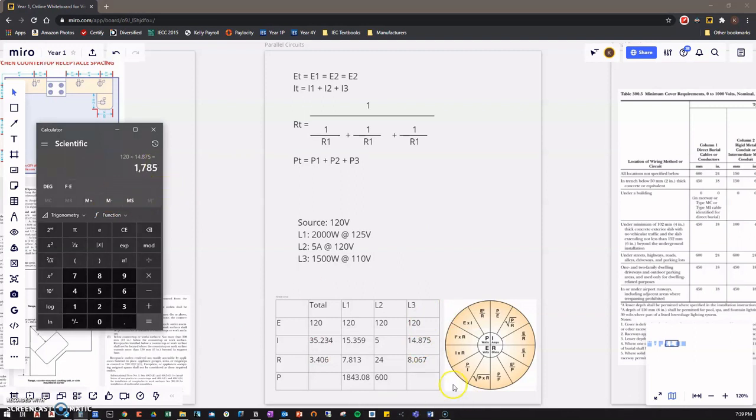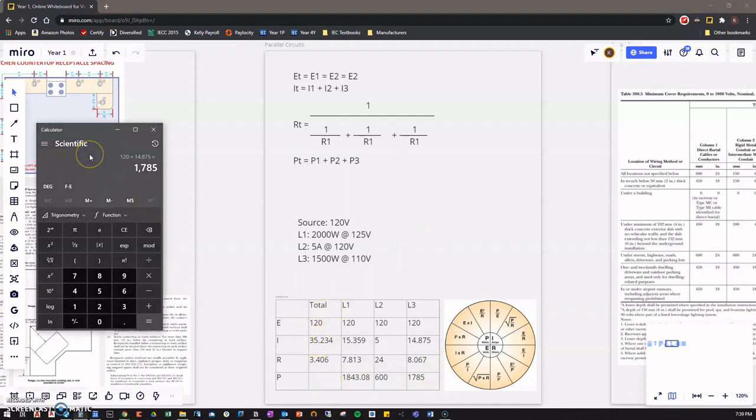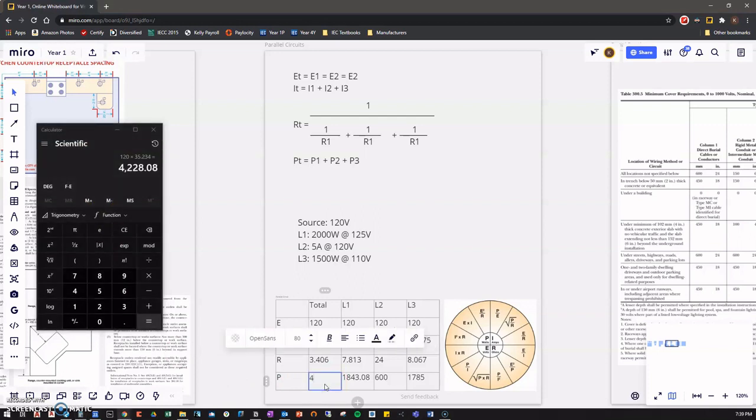We get 1785. Okay, and then last, but again, we could add these up. We could do E times I again. Doesn't matter. You should get the same answer, assuming everything was done correctly here. We're going to get 4228.08 watts.